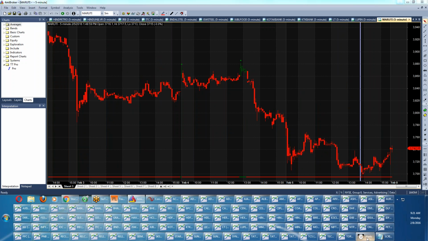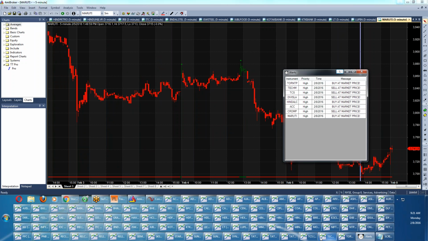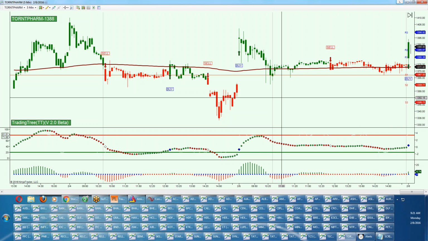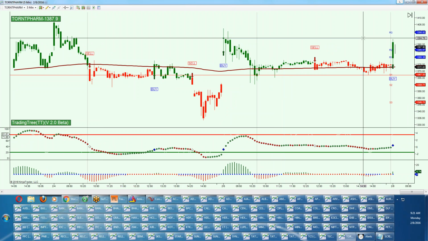Apart from that, we have Torrent. That's a buy call. Your buying price will be this one, the top of the candle, that is 1394. I'm approximately giving you the prices. 1394.50 will be your buy price. In case your trade reaches beyond that level, then you get into buy mode.